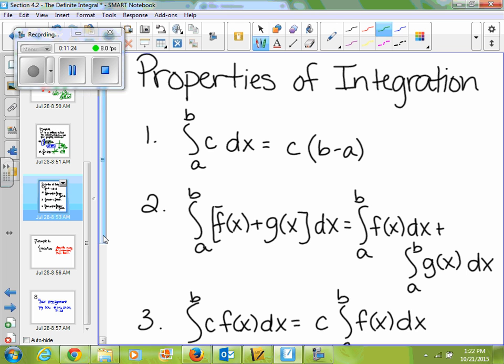Okay, so the last thing we're going to look at is the properties of integration.